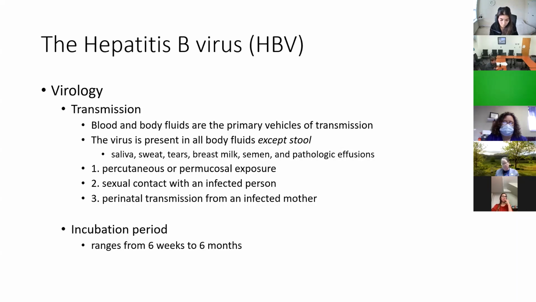The other thing that's very different in transmission in Hep B versus Hep C is the rate of perinatal transmission. So remember for hepatitis C, mother to child transmission we quote about 5 to 6%. If the mother has HIV, that can increase to maybe 10%.